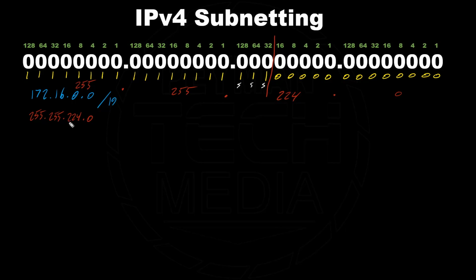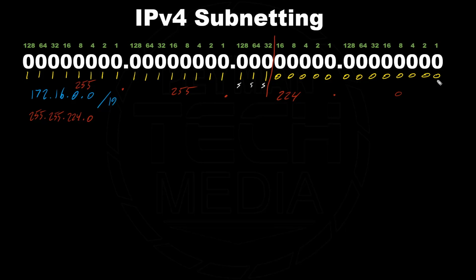The third octet, 224, when we convert it to binary, gives us 11100000. Again, in previous videos we talked about how to convert decimal to binary and binary to decimal. Please make sure you watch those videos. And on the last octet we have 0, which in binary is 8 zeros.